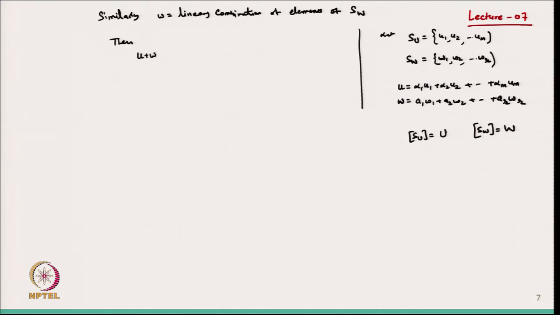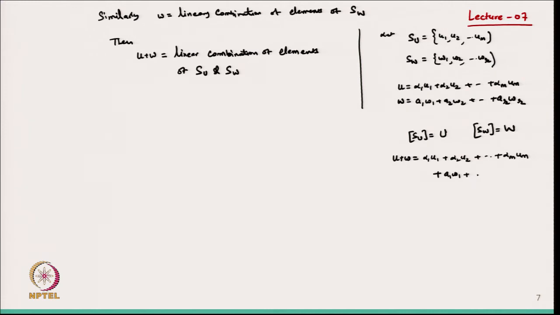U plus W is also a linear combination of elements of SU and SW, because now if I write U plus W, this can be written as alpha 1 U1 plus alpha 2 U2 up to alpha m UM plus A1 W1 up to AR WR.